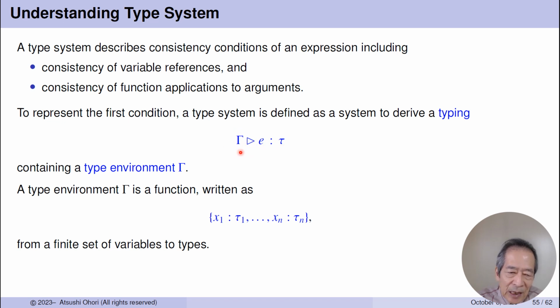So this gamma is called a type environment or a typing environment or type assignment. So in this lecture, I use the term type environment, gamma. A type environment gamma is a function written in this way from a finite set of variables to types.